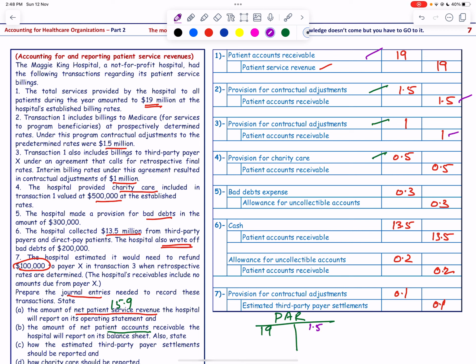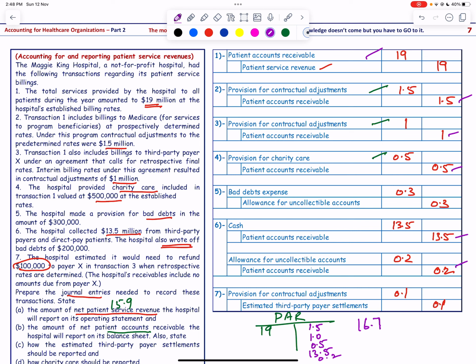Then we have credit 1 million, then we have 0.5, then we have 13.5, and then we have 0.2. So that makes 16.7.